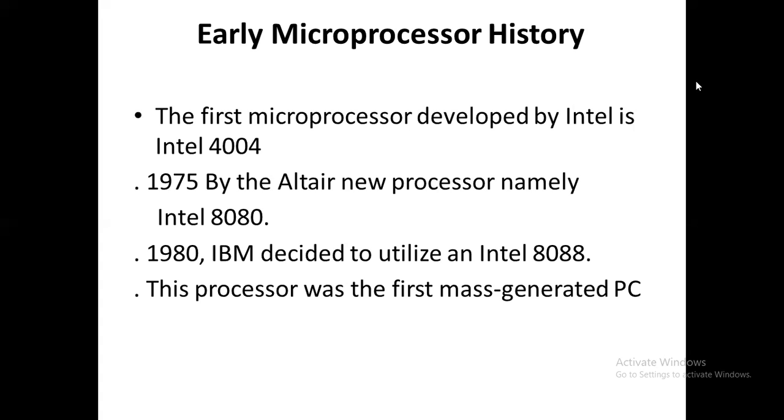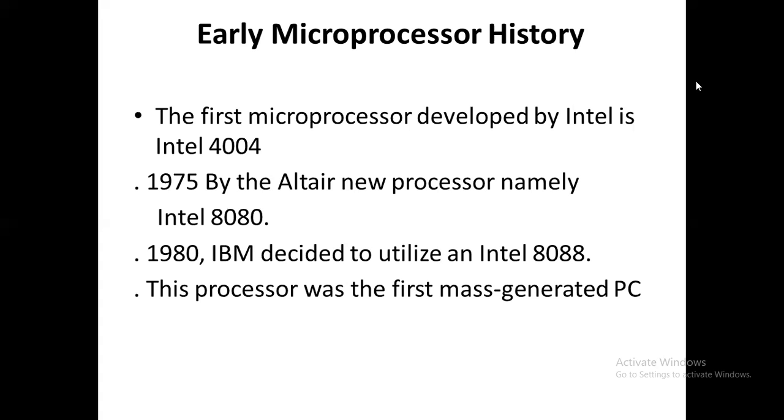The processor was used in the first mass-produced PC. After some years, an electronics magazine published an article in 1975 on the Altair, which used the new processor, namely the Intel 8080.